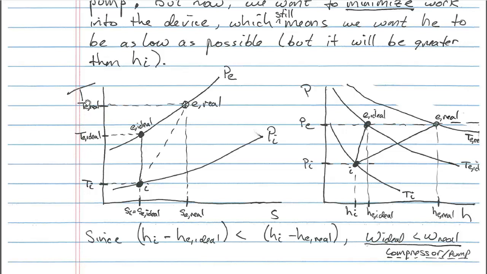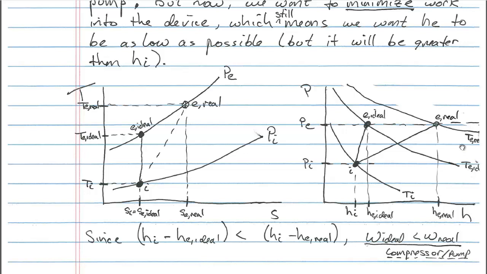So let's take that piece of information and go to our pH diagram. We have now our line of constant temperature that corresponds to the inlet state, and our line of constant temperature that corresponds to the ideal exit state.